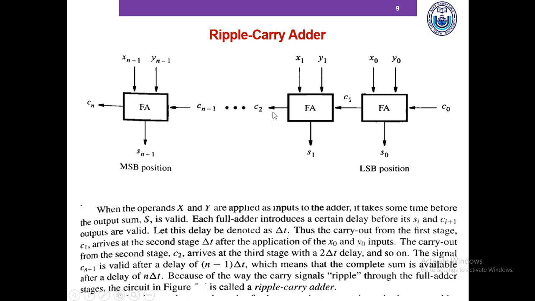And the carry of the second stage, C2, arrives at the next stage delta t later, and so on. So the signal Cn-1 is valid after a delay of (n-1) delta t, which means that the complete sum is available after a delay of n delta t. Because of the way the carry signals ripple through the full adder stages, the circuit in this figure is called the ripple carry adder.